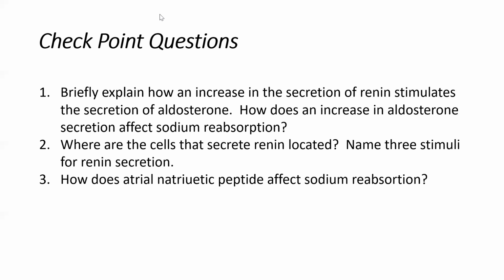All right, so let's look at question 1. So question 1 is to briefly explain how an increase in the secretion of renin stimulates the secretion of aldosterone. So I kind of went over that, so I may have jumped the gun there, but just explaining the renin-angiotensin system is what this question is asking.